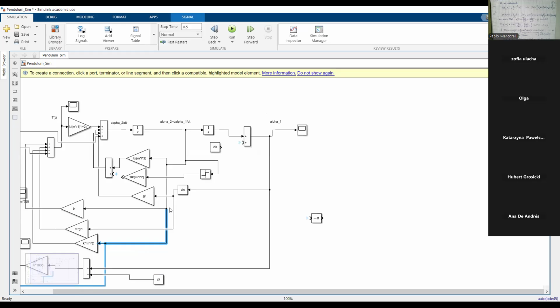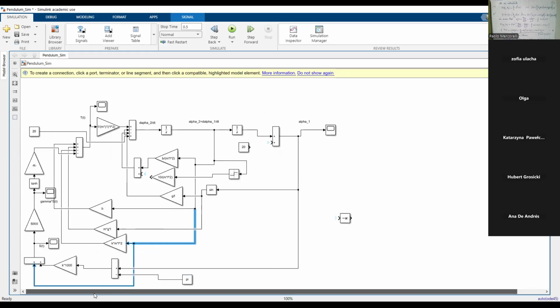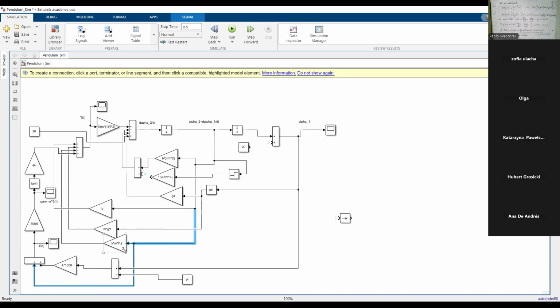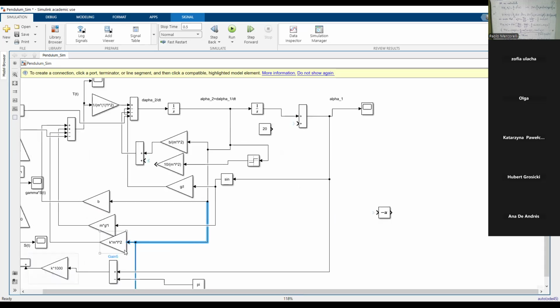Let me see. Yeah, K multiply M multiply L square multiply alpha 2. Exactly. K multiply M multiply L square multiply alpha 2.